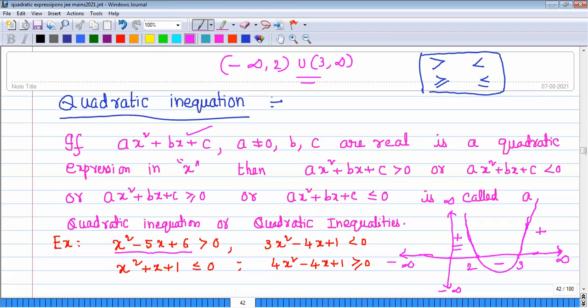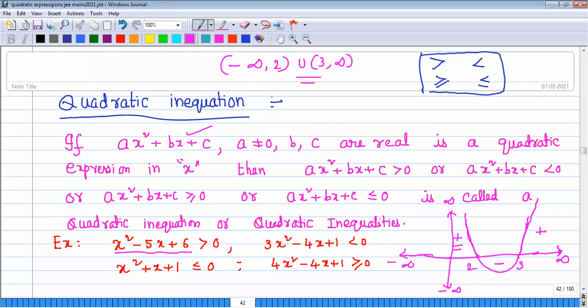From 3 to infinity, also many real numbers. So a quadratic inequation has infinite number of solutions, whereas a quadratic equation may have 1 root, meaning equal roots, or 2 roots. At most 2 roots.